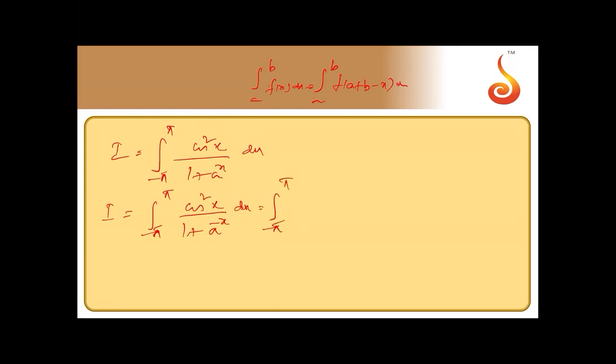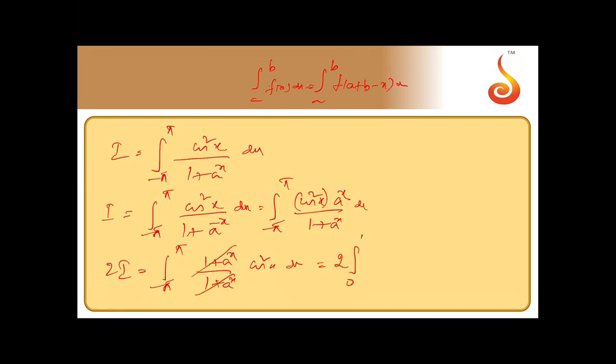That is nothing but minus pi to plus pi cos square x into a power x divided by 1 plus a power x dx. When you add these two, 2I is equal to minus pi to plus pi of 1 plus a power x by 1 plus a power x into cos square x dx. These two get cancelled, and it's an even function, so twice integration 0 to pi, cos square x dx.